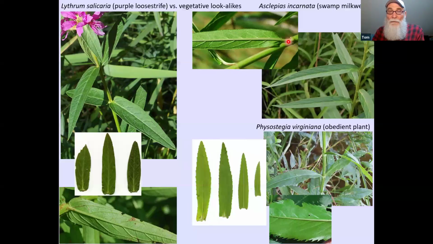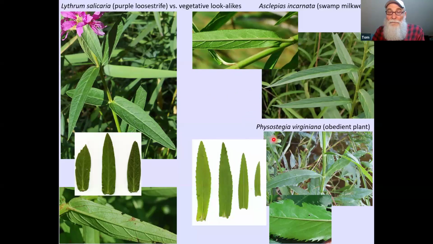You can see it right here on this leaf. Usually the petiole is at least a centimeter, and can be as much as 1.5 centimeters in length. That's a very clearly petiolate leaf, and we're not going to have that on purple loosestrife.